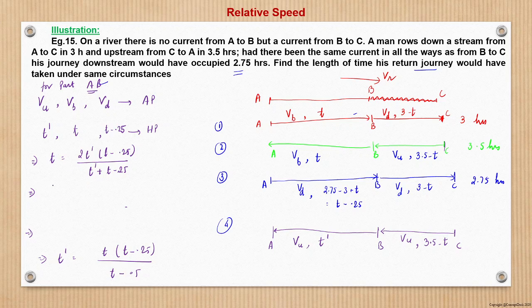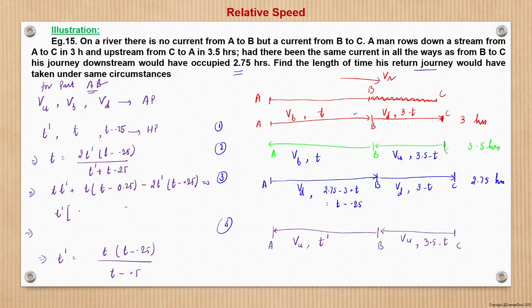If we solve this, we will get t t dash plus t into t minus 0.25 minus 2t dash into t minus 0.25 is equal to 0. So from here I can take t dash as common.